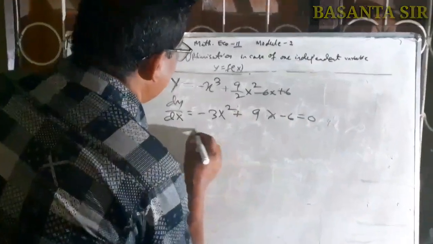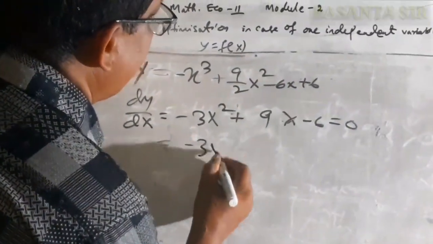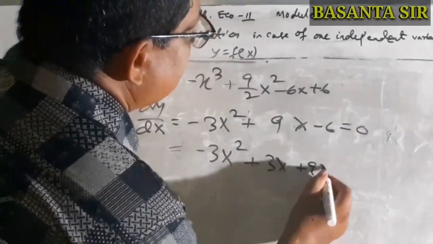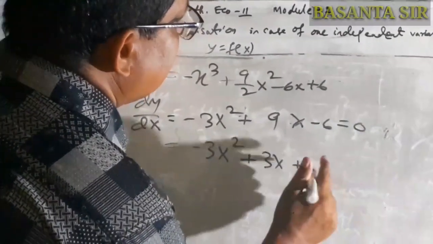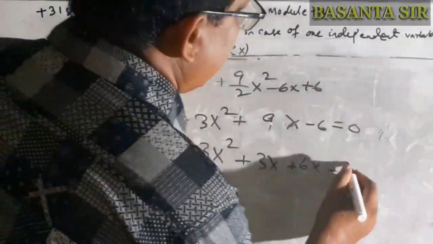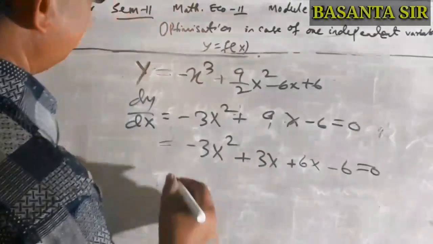Look at this: minus 3x square plus 3x plus 6x, 3x plus 6x equal to 9x, minus 6 equal to 0.